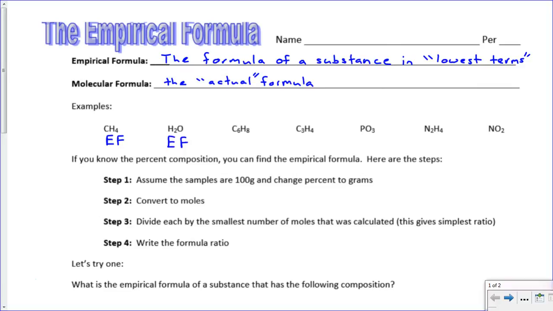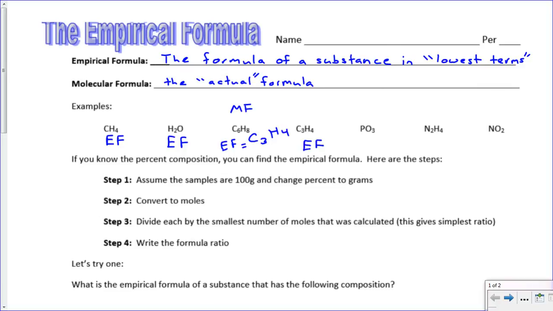C6H8, that one is a molecular formula. If you reduced it down, you would get an empirical formula equal to C3H4. For C3H4, that one is empirical already.